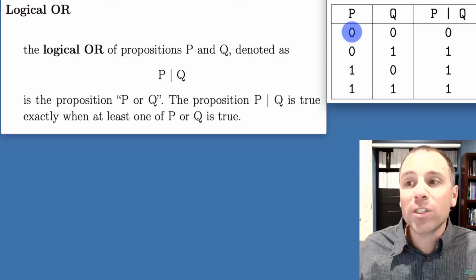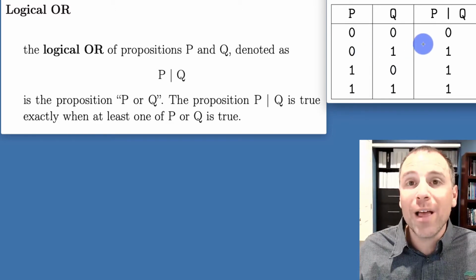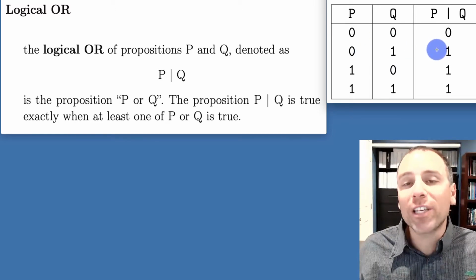If P is false and Q is false, neither of those propositions is true, so P or Q is false. On the other hand, when P is false and Q is true, at least one of those propositions is true. Thus, we say that P or Q is also true. When P is true and Q is false, at least one of the propositions is true.